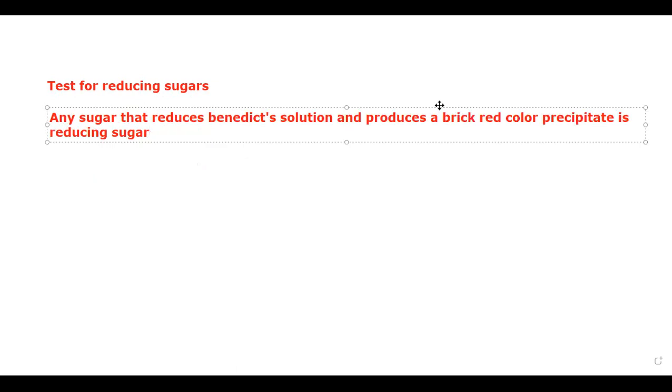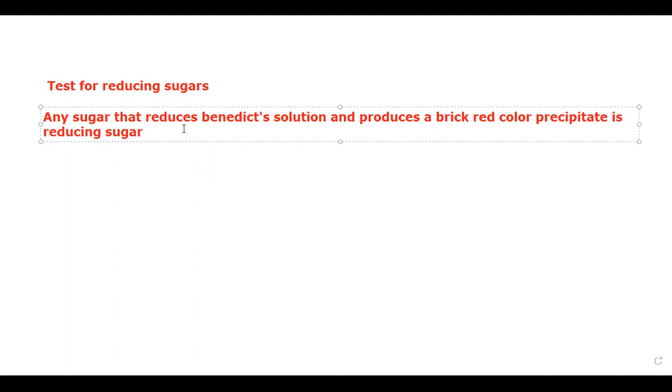When you heat it with Benedict solution, a brick red color precipitate should be made. If that precipitate is coming, it is a reducing sugar.